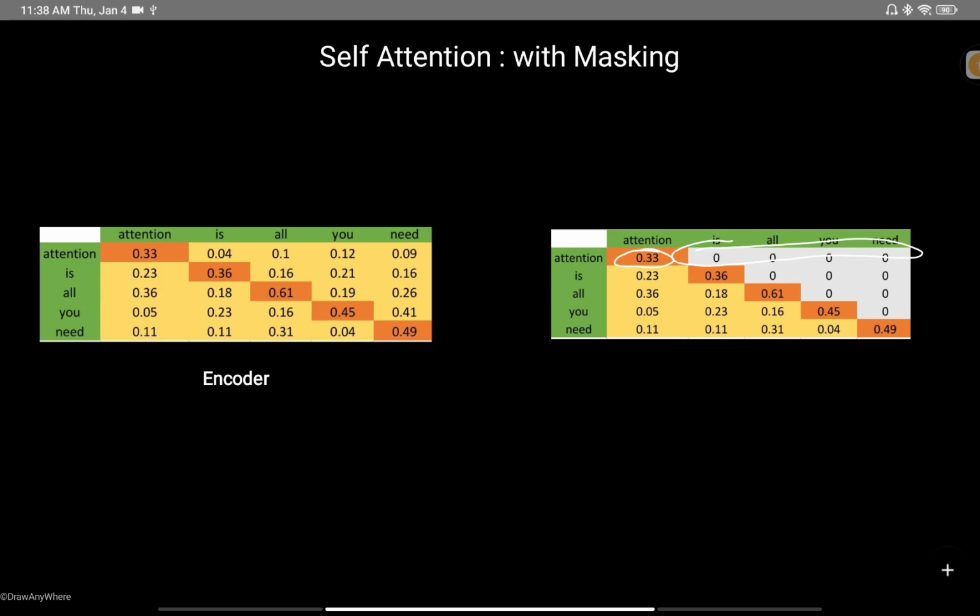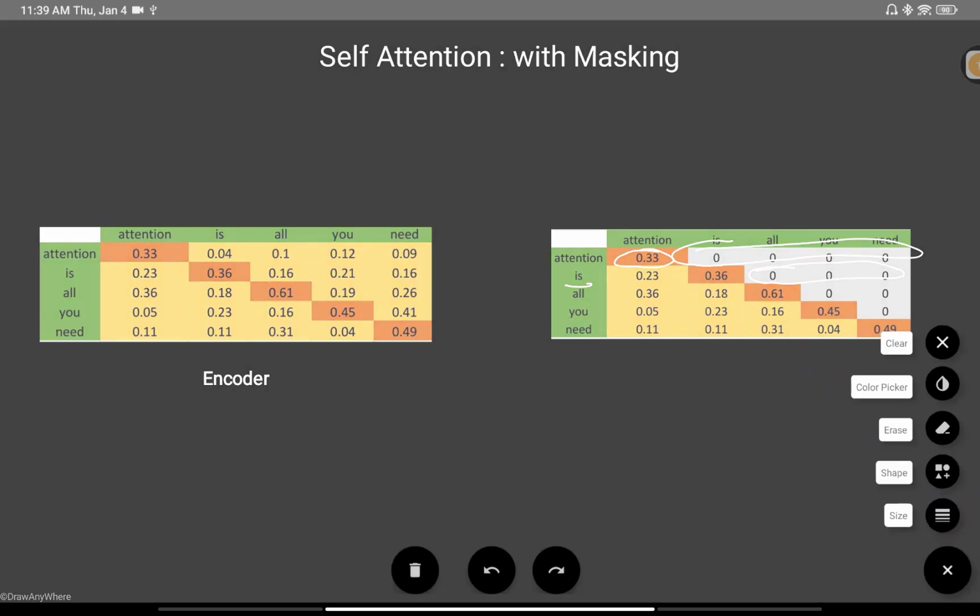So just to avoid that, we will mask out these tokens, and we will make all the future tokens for a particular token zero. So for the token is, these values will be masked out to zero, and similarly for other tokens the future values are masked out to zero, right?